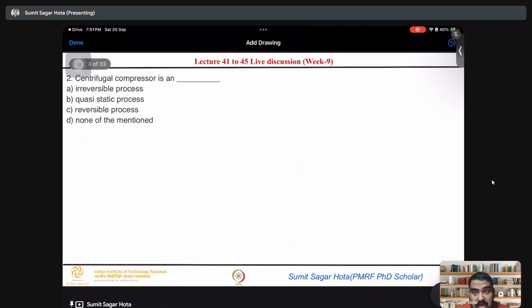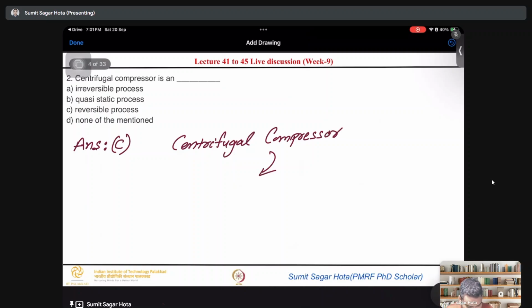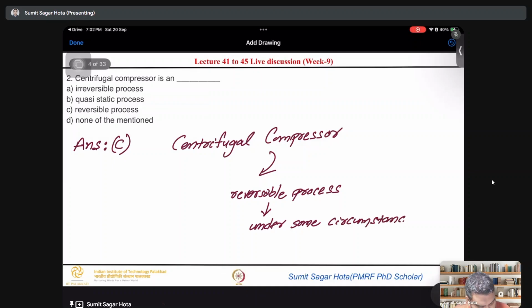So this question asks about that reversible process, and you can tell that the answer is C: reversible process under some circumstances.